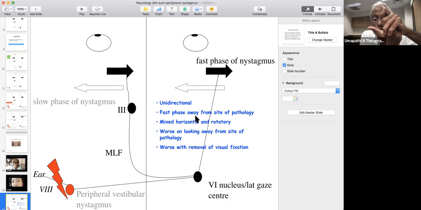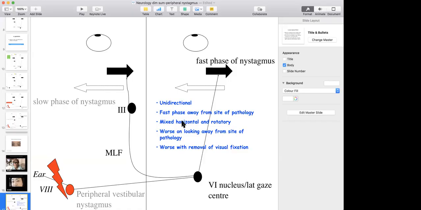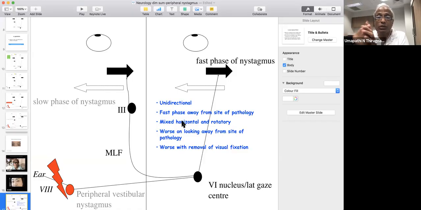The only one that is truly unopposed is the horizontal canal. So you're not surprised that peripheral nystagmus is predominantly horizontal, but it's not completely horizontal because the semicircular canals from the top and the bottom are not diametrically opposite. They are slightly tilted, so they also contribute a little bit. That contribution makes the nystagmus slightly rotatory. So mixed horizontal and rotatory.